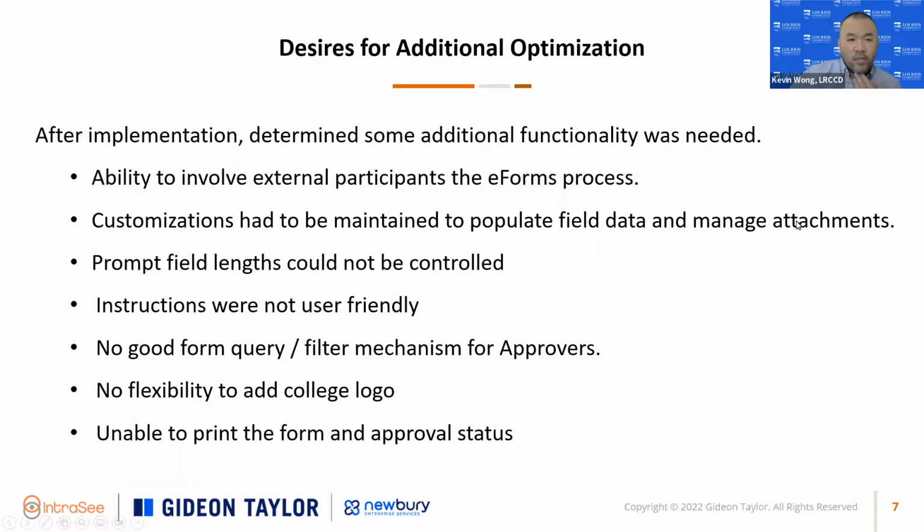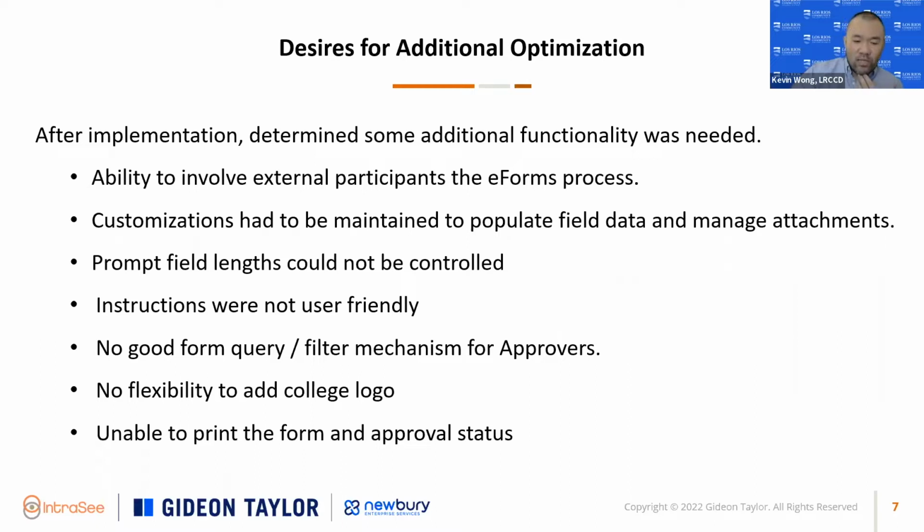Next slide. Right, and so as you can see here, where we started, we realized that there were other features that would definitely improve the experience, both from the technical side, our program side, and our student side. And so you can see here some features that we were hoping to gain from another tool that might be better suited for our requirements, right?